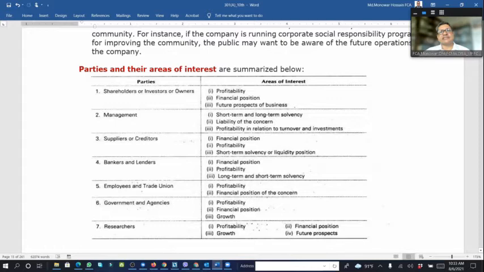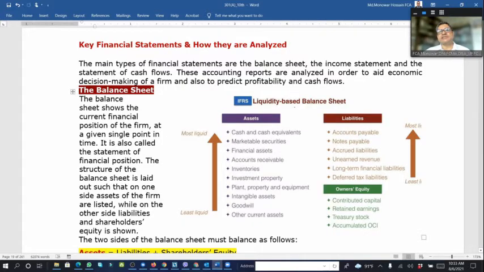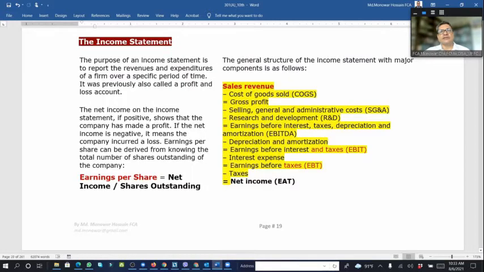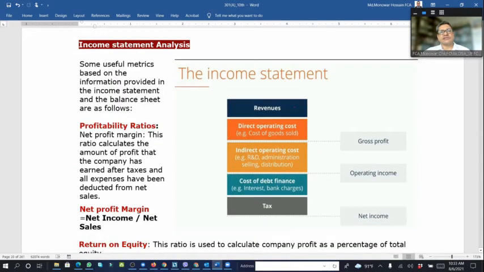horizontal, vertical, common size, and we have seen the presentation of the balance sheet, liquidity-based balance sheet, and sometimes classified balance sheet, and the relationship between financial statements, and the income statement.